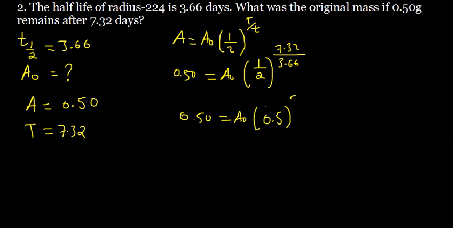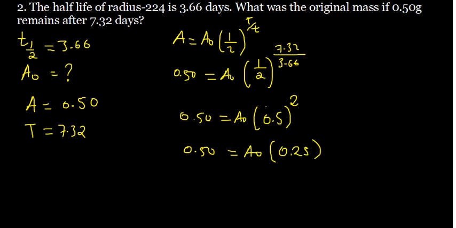This is going to give us a 2. So this is going to be 0.50 is equal to A0. Now 1 over 2 or 0.5 raised to the power 2 is going to give us 0.25, which is 1 over 4.